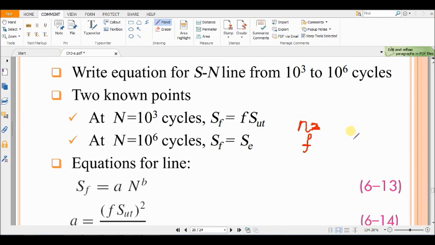How to find the fatigue safety factor? We have to write here Se prime, I'm talking about the standard specimen, over sigma max.